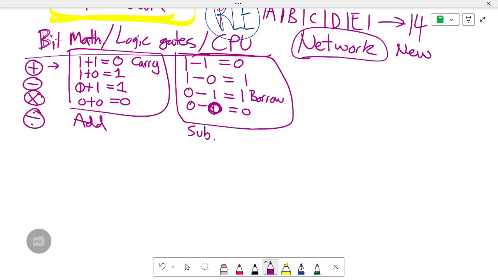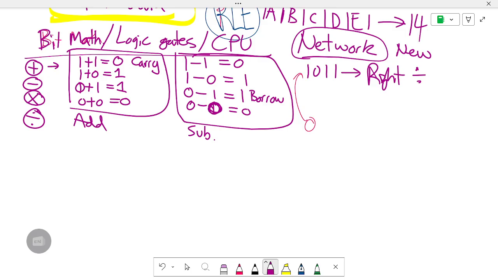Multiply. How do I do multiplication? If I shift to the right, it means division. How to shift: you put zeros, okay? If you shift to the right, it's division.